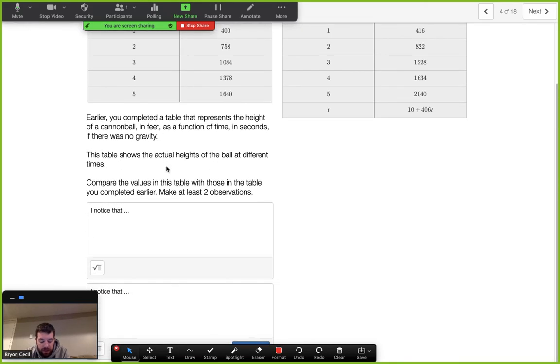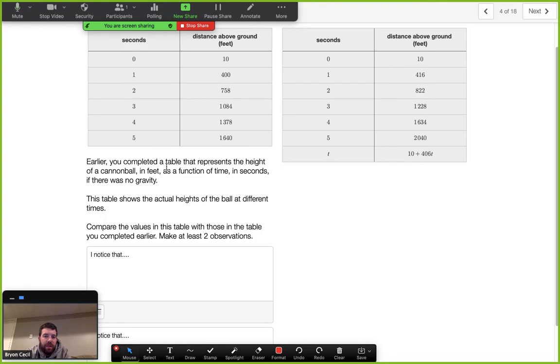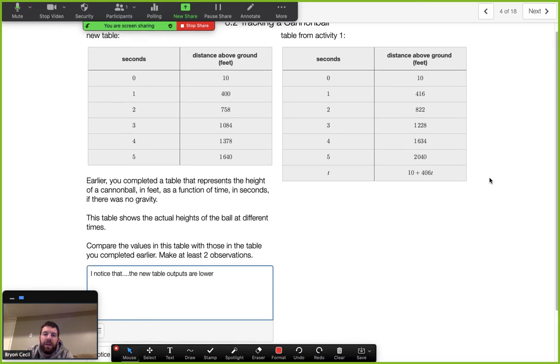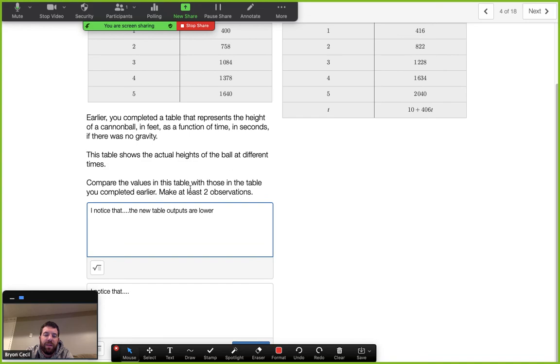The things that I need to know is, hey, I'm looking here, and I see 400, 416, 758, 822, and I would say that the new table outputs are lower than our table from activity 1, are lower than table 1. That could be something that I notice.